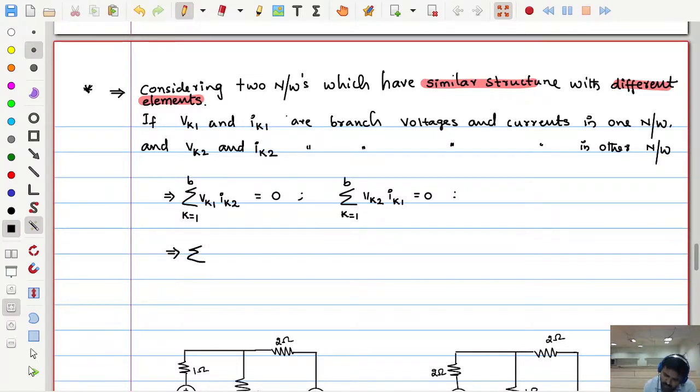If network 1 voltages and currents are measured at t1 instant, and network 2 voltages and currents are measured at t2 instant, it is applicable in this way: Vk1 at t1 instant into Ik2 at t2 instant, means different times. We are measuring the network 1 voltages and currents at t1 instant, whereas network 2 voltages and currents at t2 instant. Even though different times, you will get the algebraic sum of the powers equal to 0.